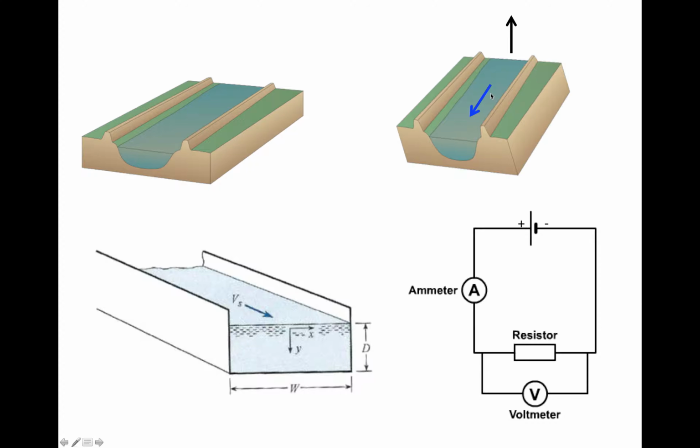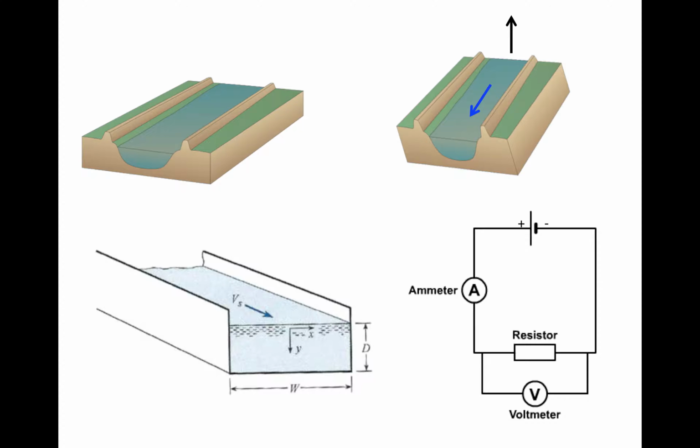We can quantify water current by measuring the amount of water passing through a unit cross-sectional area of the channel within a unit amount of time. We call that the water current, which is basically the rate of change of the amount of water at a particular location.